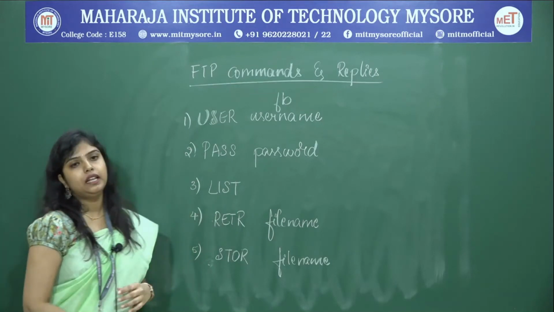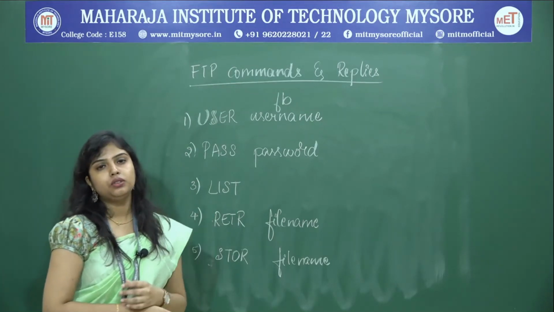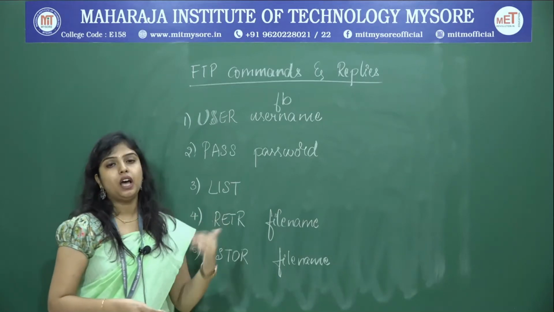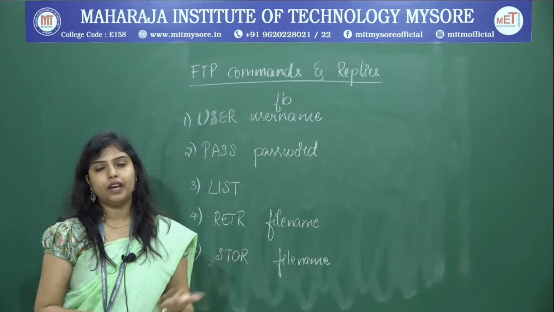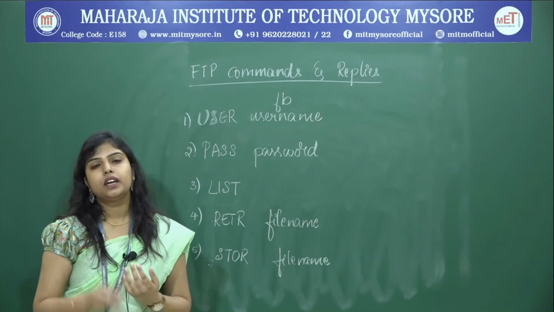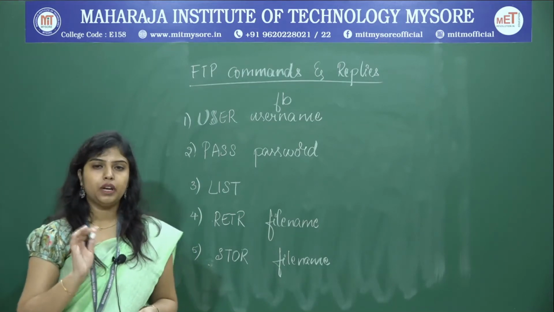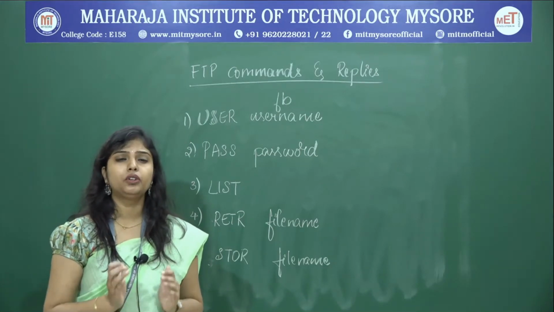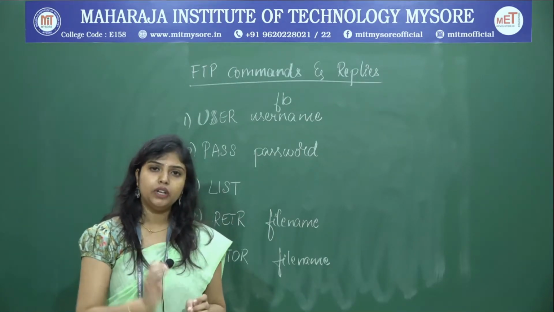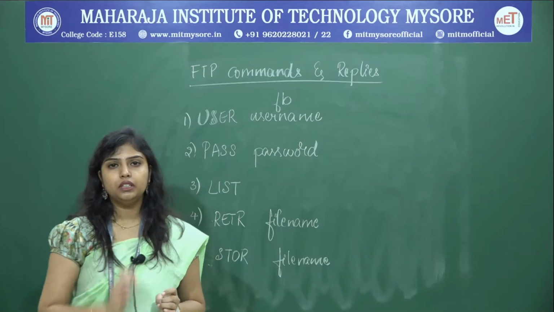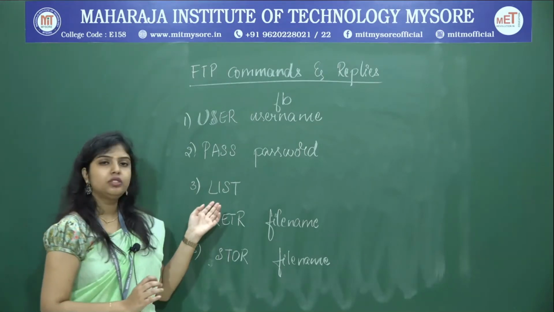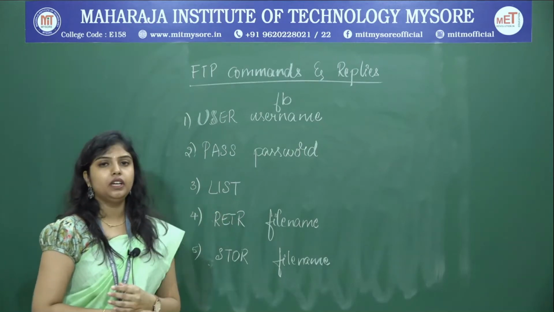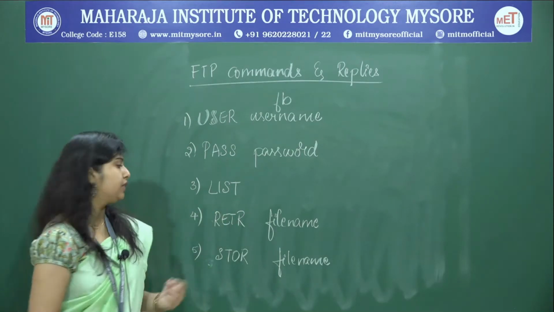Next is LIST. This is used to list all the files. The LIST command asks the server to list all the files present in the current directory of the recipient. If we are interested in some directory of a server and want to know what files are stored in it, we can use this LIST command.